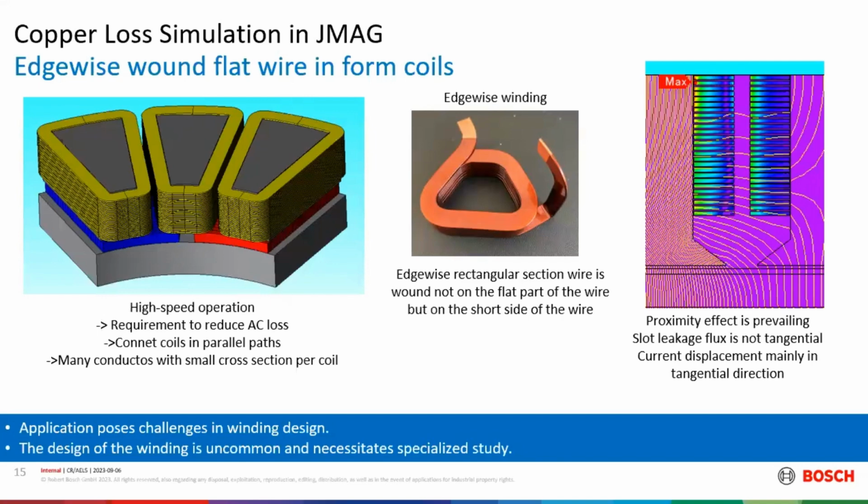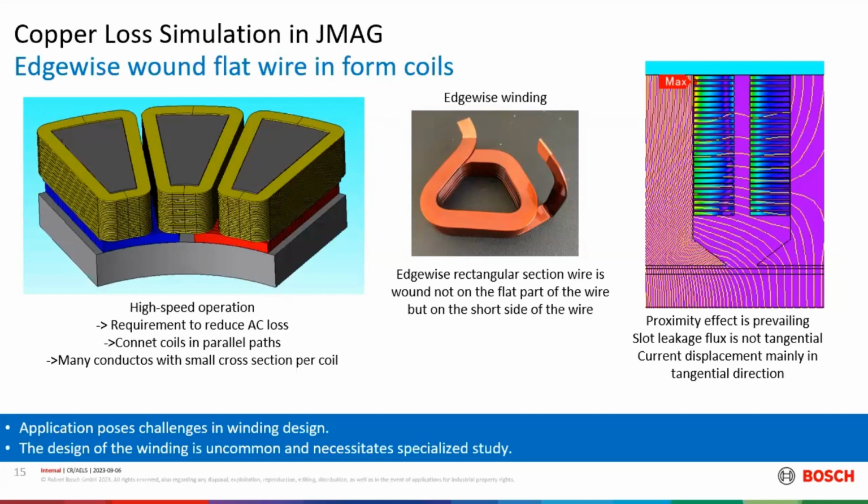That means you will have a large number of turns with small cross section for each coil. A very suitable technology for this type of machine is the edgewise winding. So you have this rectangular flat wire, which is wound on the flat side, not on the wide side.